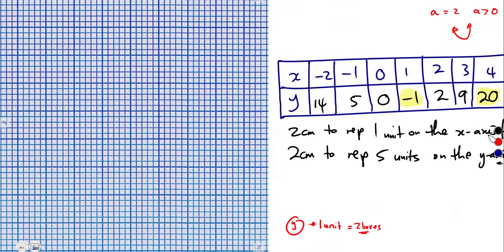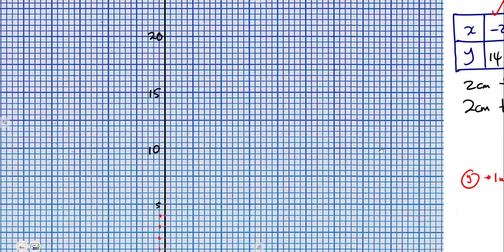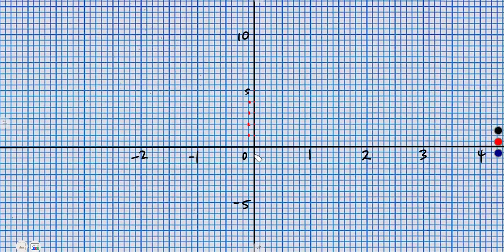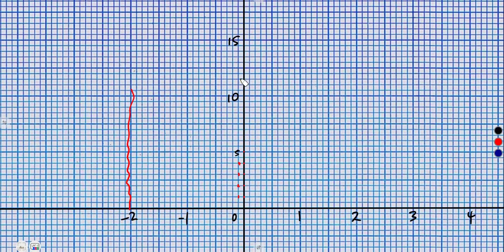So let's mark our point: -2, 14. X is -2. Y is what? Y is 14. Where do we have 14? If two boxes represent 1 unit, it means 14 from this 15, we just need to count two boxes going down. So 14 is here.